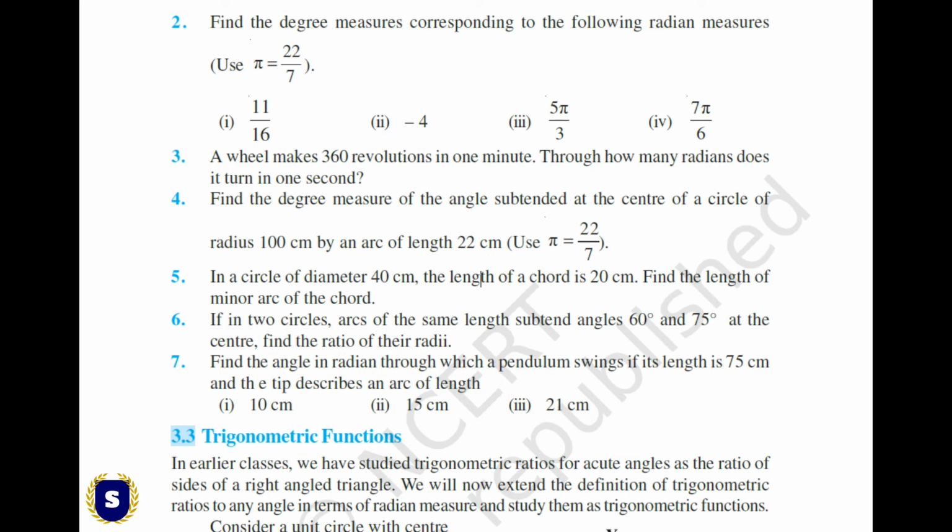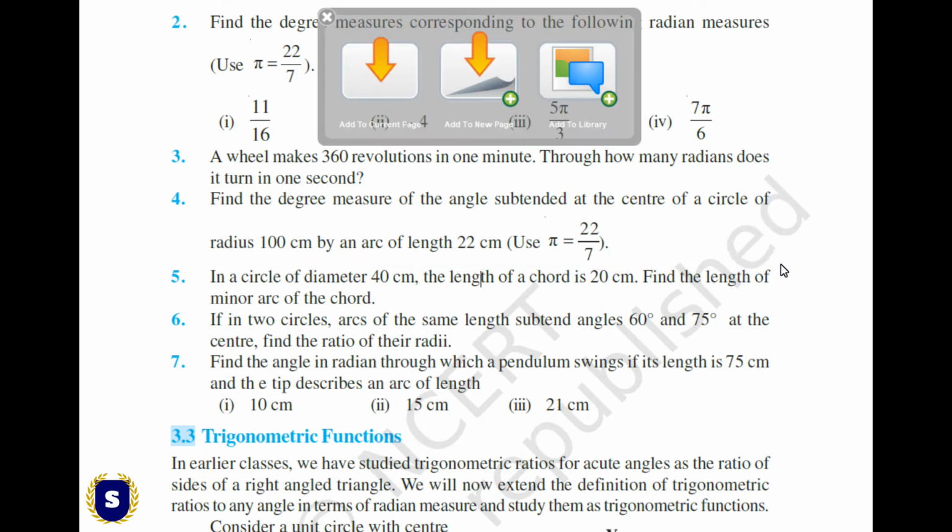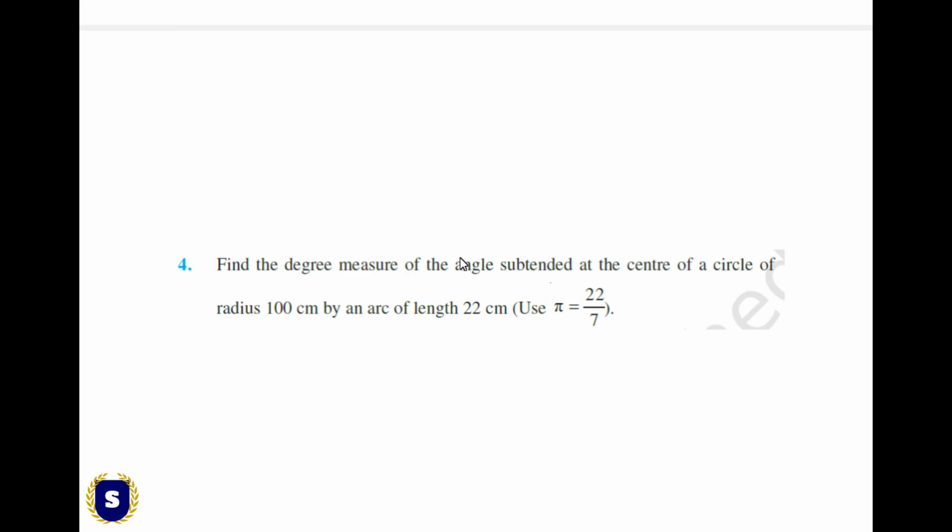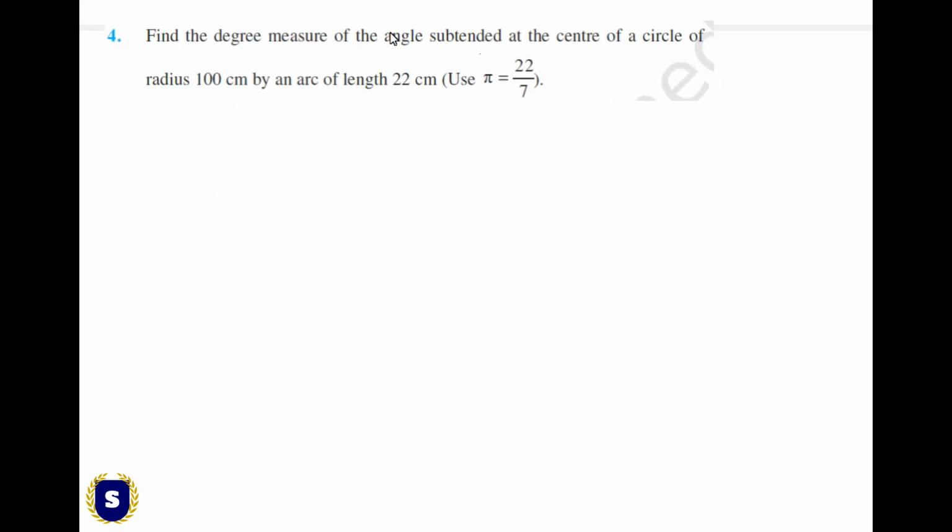Okay. Find the degree measures of the angle subtended at the center of the circle of radius 100 cm by an arc of length 22 cm. Okay. Here we need to use a formula we have done in class 10th, the length of an arc. Hope you remember that formula.